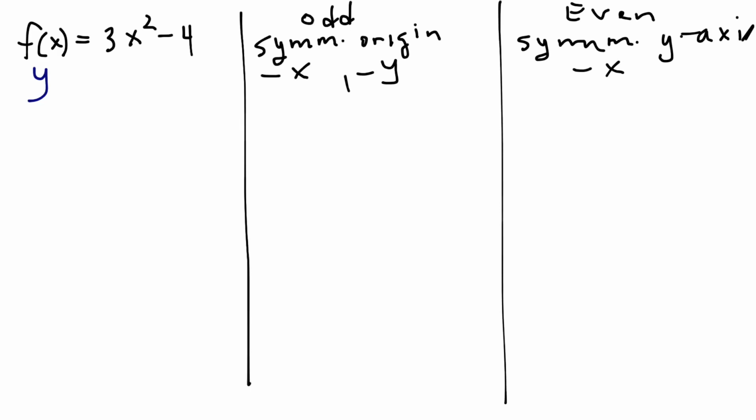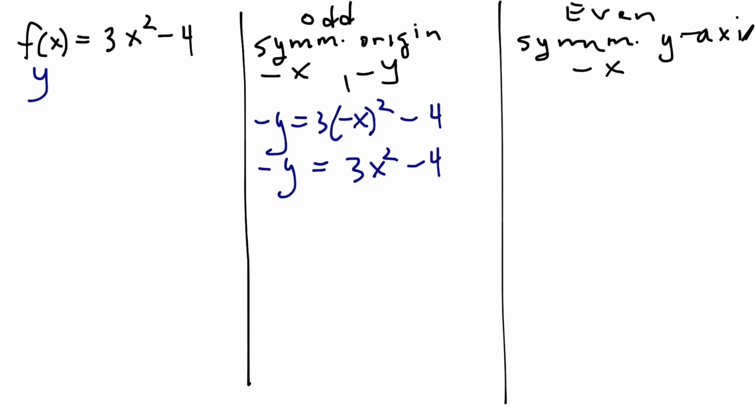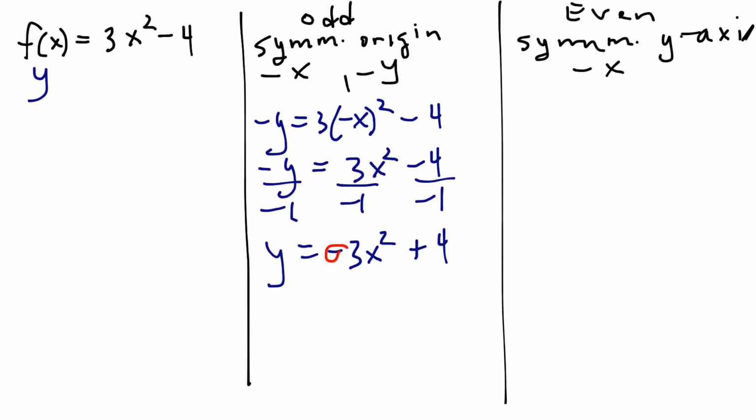So we've got negative y is equal to 3 times negative x squared minus 4. Negative y is equal to 3x squared minus 4. Divide by negative 1. y is equal to negative 3x squared plus 4. You can see that you've got a sign difference here and here, so this is not going to be an odd function.